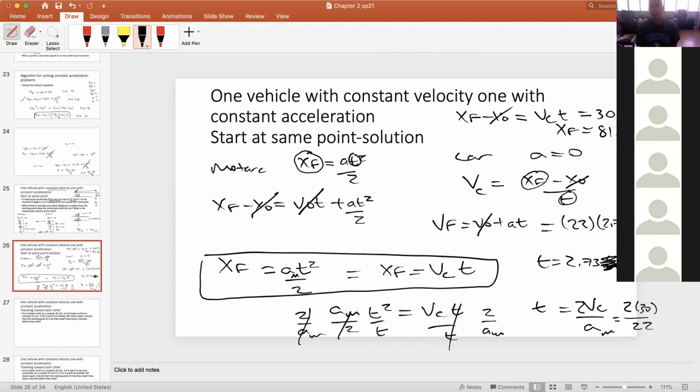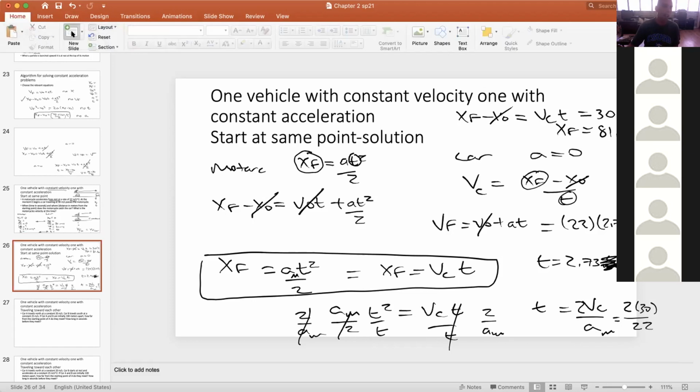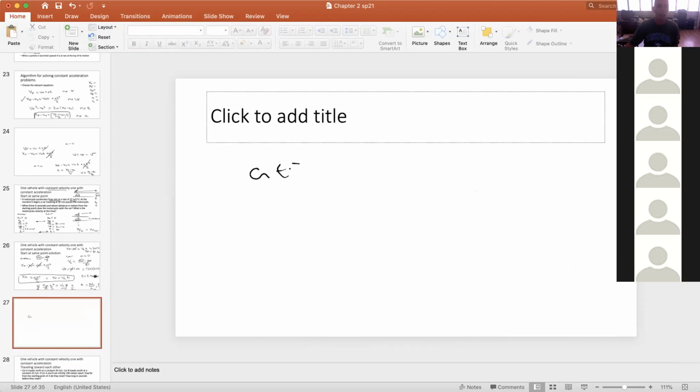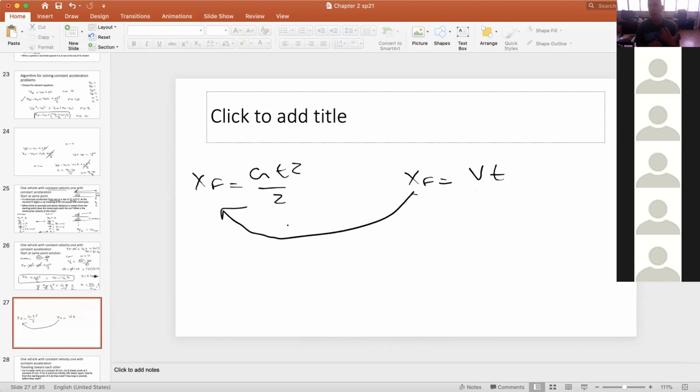I have 2 unknowns, but I can substitute those 2 equations. A t squared over 2 is x final and x final is vt. I can substitute these 2 equations into each other. So I can substitute vt over there and then solve for t. I could do it the other way. I could substitute in for t that t is x over v, and I could put it in there.